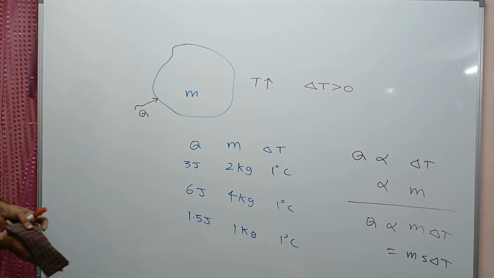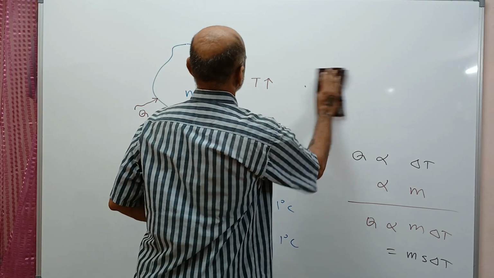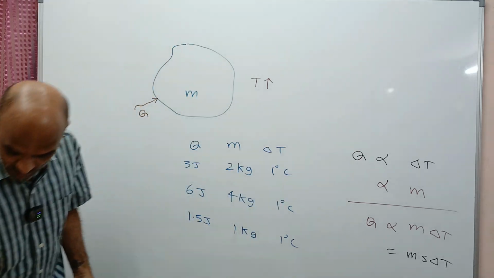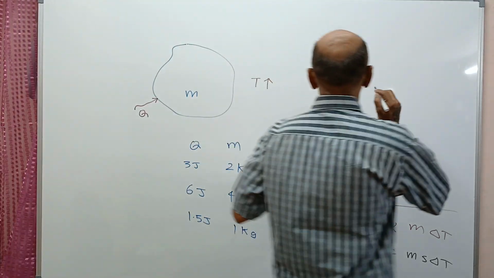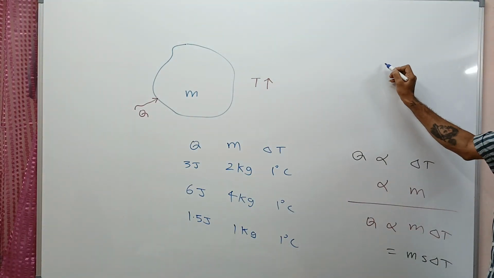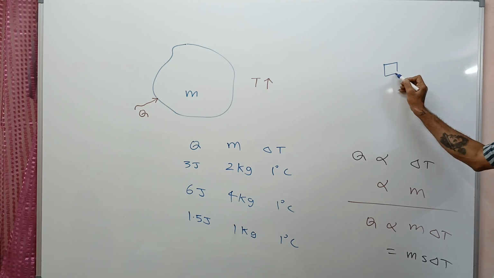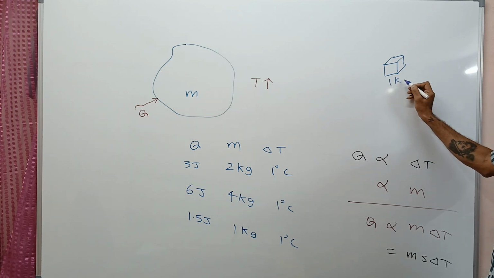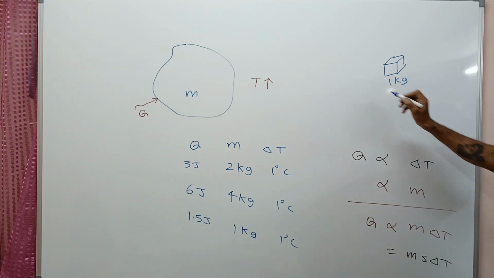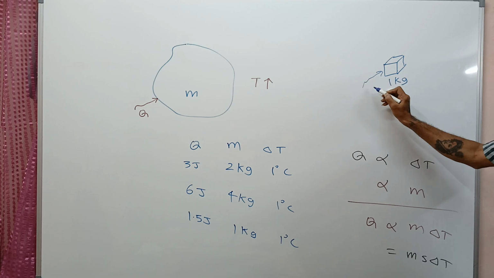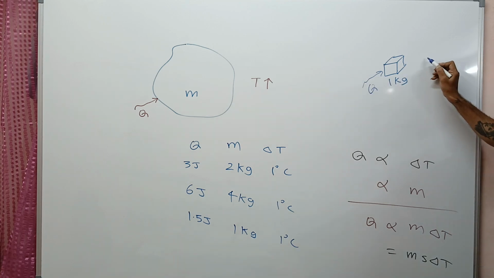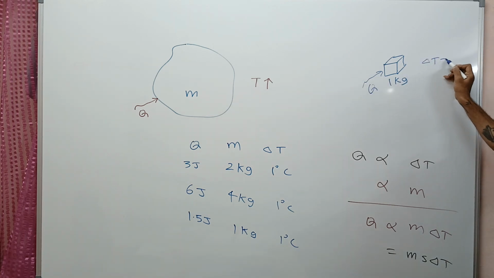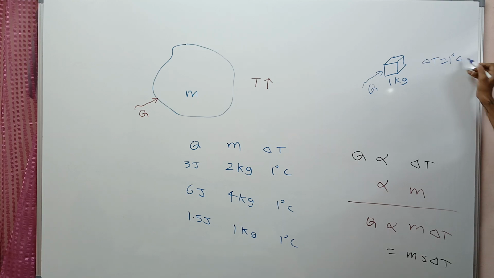And the specific heat of this substance we can understand like this. Suppose we take 1 kg of this body and some heat should be supplied to it to increase the temperature by 1 degree Celsius.